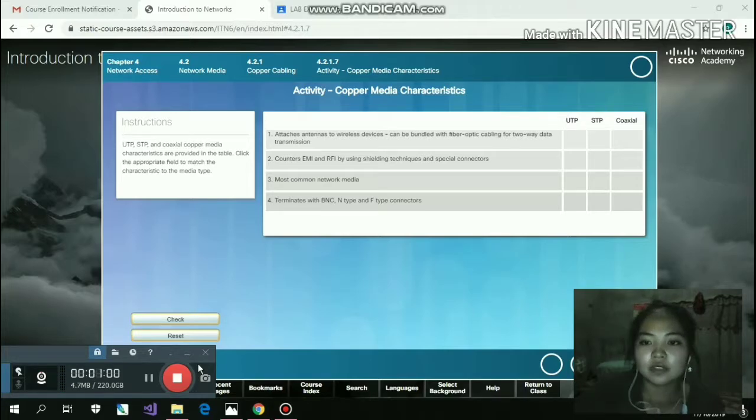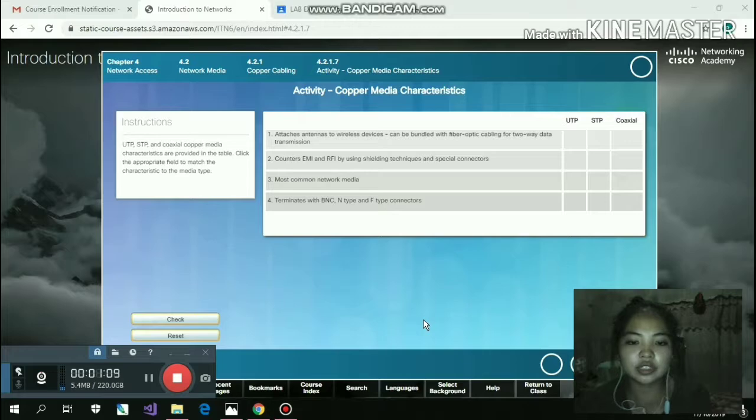So the third one is the coaxial cable. Coaxial cable, or coax for short, gets its name from the fact that there are two conductors that share the same axis. As shown in the figure, coaxial cable consists of a copper conductor used to transmit the electronic signals.